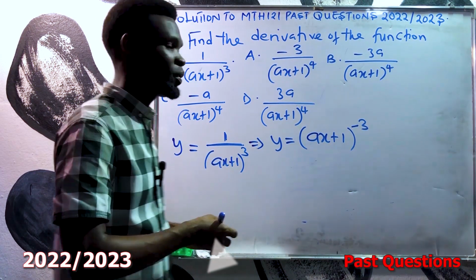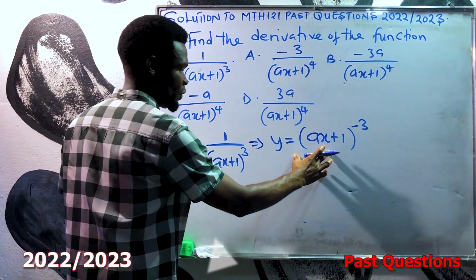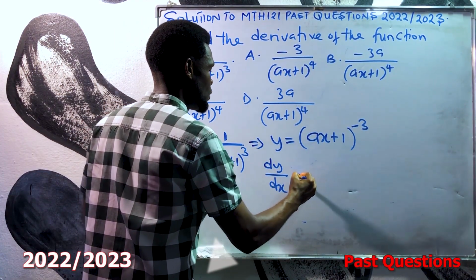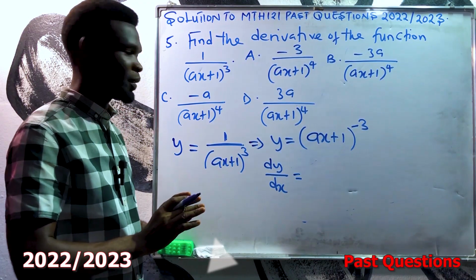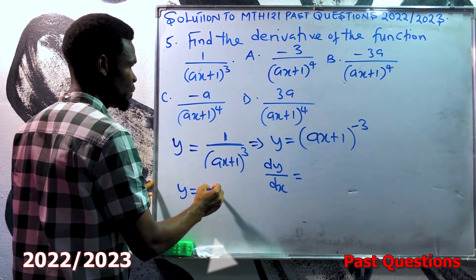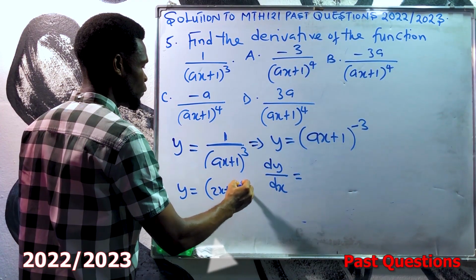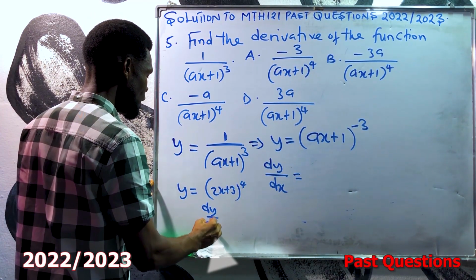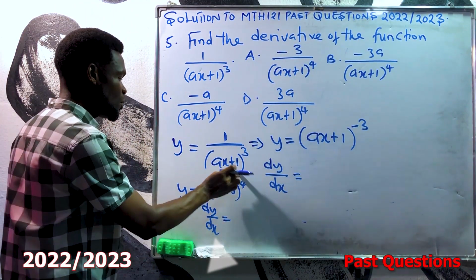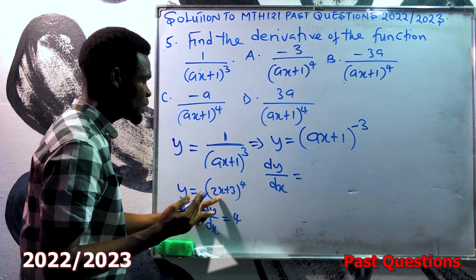How do we differentiate a chain function? For further clarity, if I have a function y equal to maybe 2x plus 3 raised to the power of 4, then dy dx will be equal to, step 1, bring down the power. Here is this 4. Step 2, differentiate what is inside the bracket.